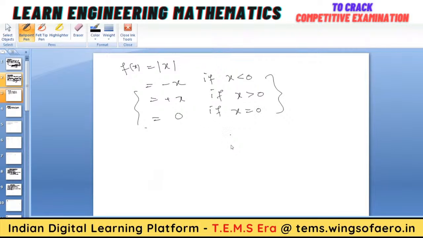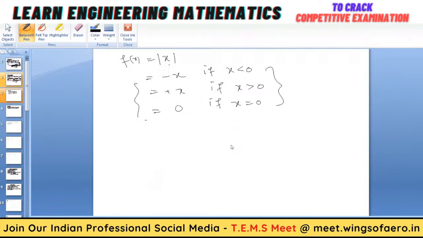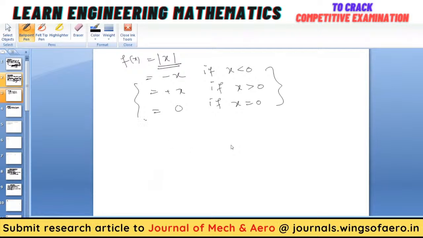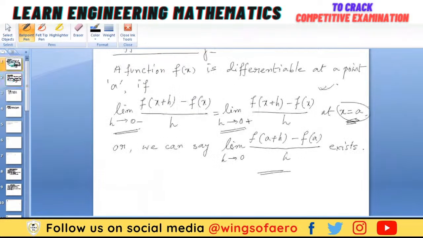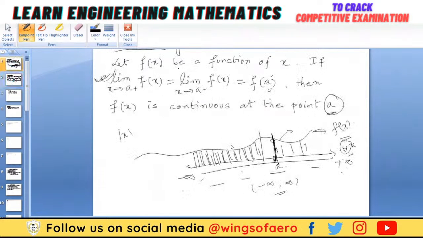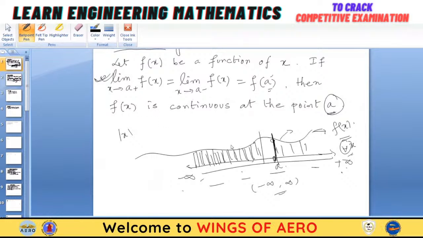Okay, and you know the continuity of f(x), the mod x function is continuous, as I already discussed in the last class, according to this definition of continuity. You yourself have already solved this problem, how this function is continuous.